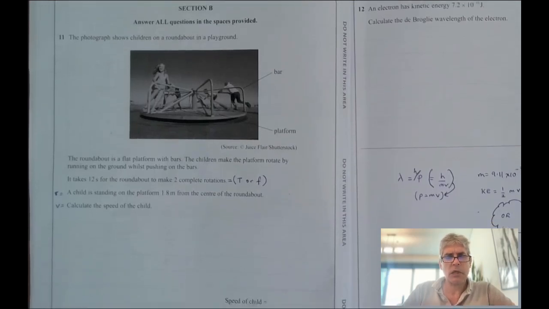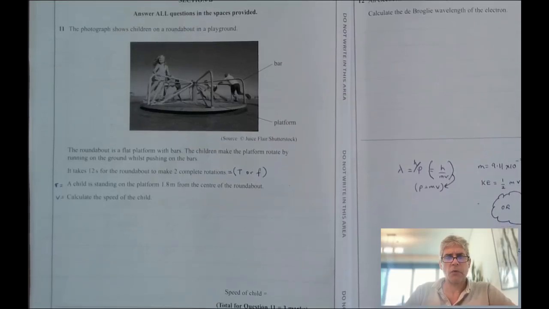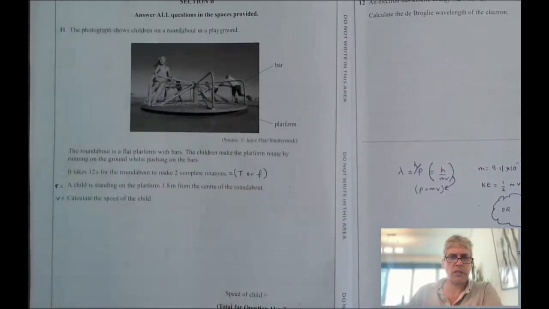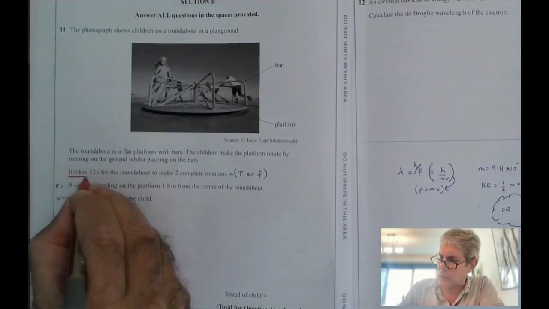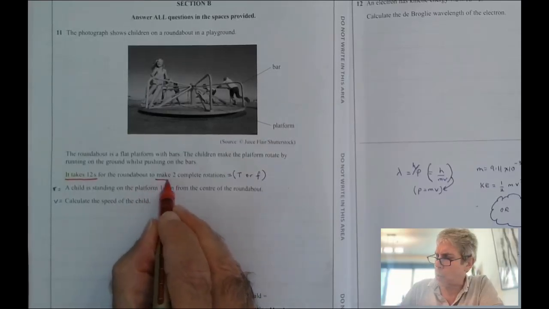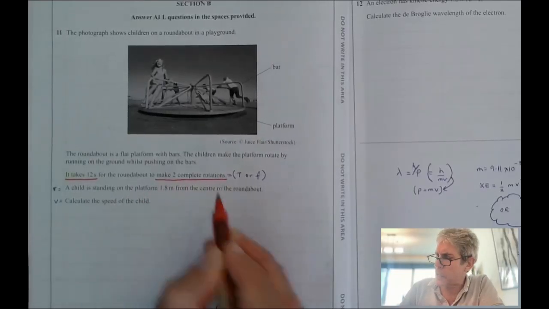Okay, it takes 12 seconds for the roundabout to make 2 complete rotations. I don't know if you can see the highlighter; it's probably not as visible as I would like. It takes 12 seconds for the roundabout to make 2 complete rotations.